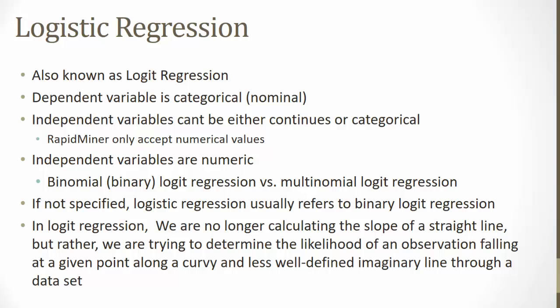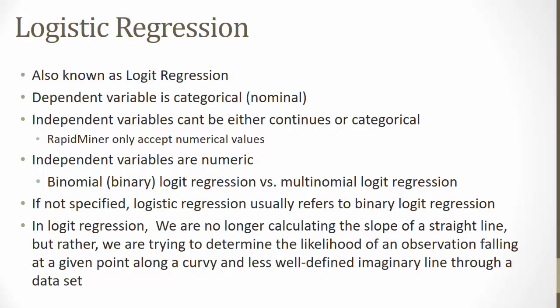Sometimes we are only interested in outcomes such as true or false, yes or no, default or not default, response or no response. For example, in the context of evaluating user response to a marketing campaign, we want to know if they are going to act on that marketing campaign or not.